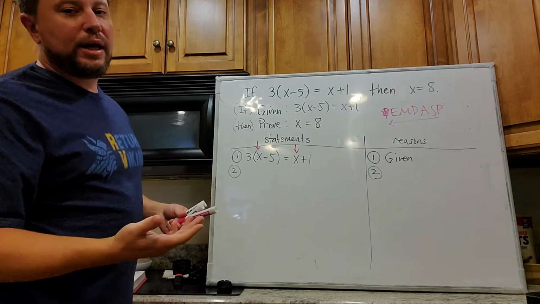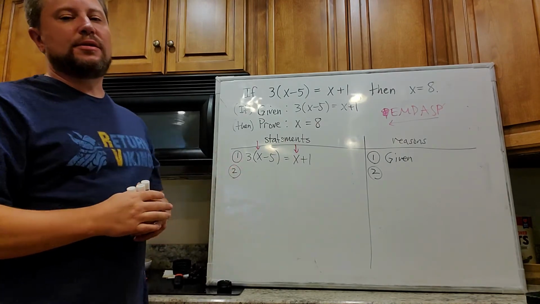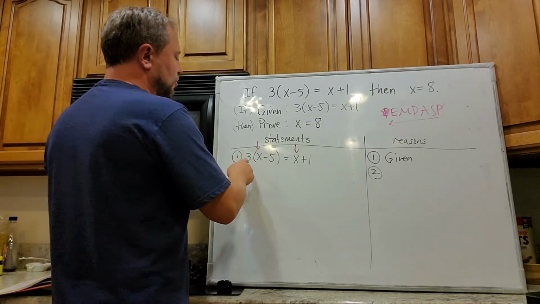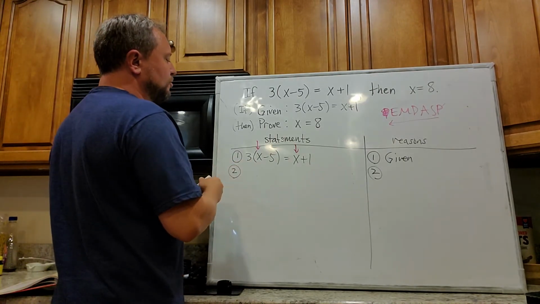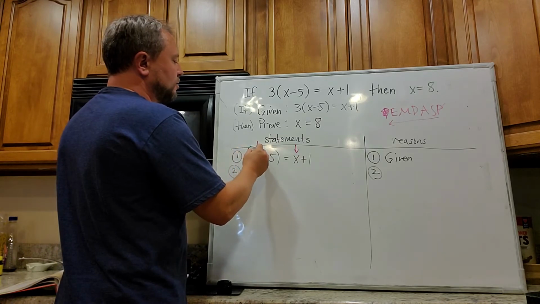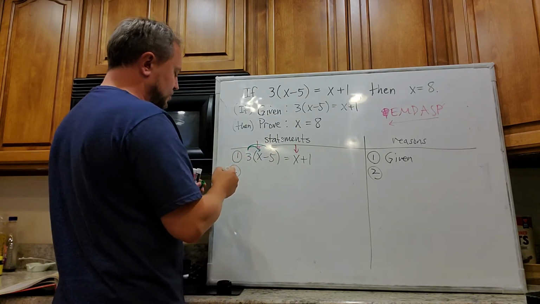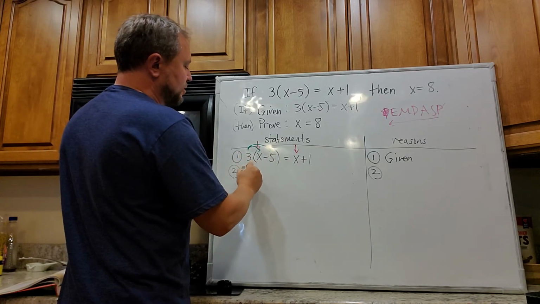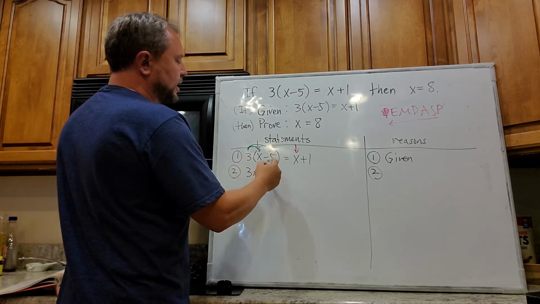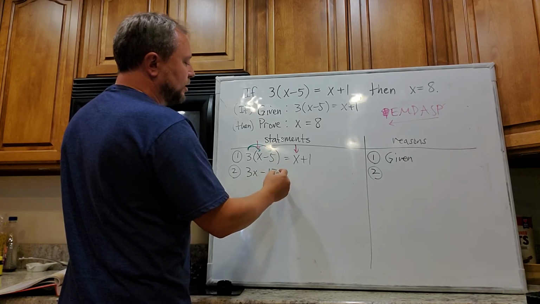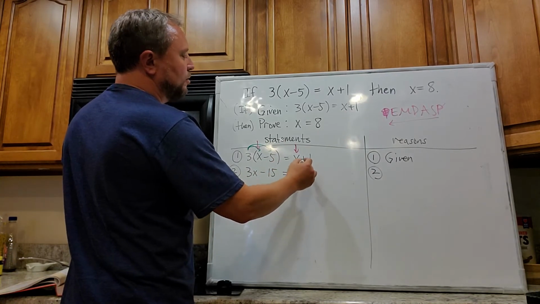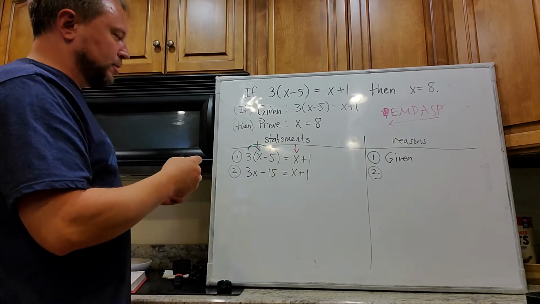So before I take care of these x's, let's get rid of the parentheses. You know that in order to get rid of those parentheses, there's only one thing I could do here. I have to take the 3 that was here and distribute it. I have to multiply it times each of these. So I end up with 3 times x is 3x, 3 times negative 5 is negative 15, and then I'm just going to rewrite that part over there, x plus 1.